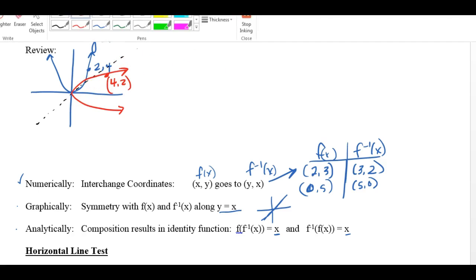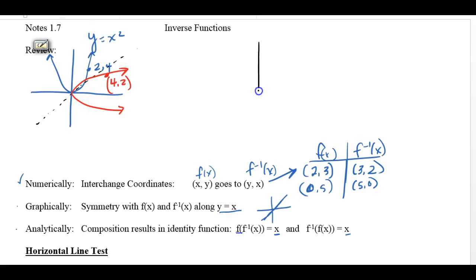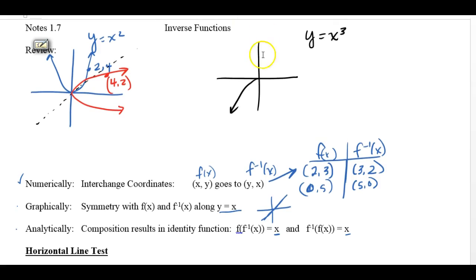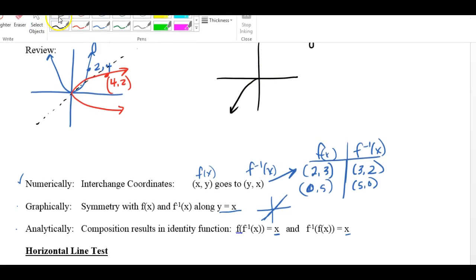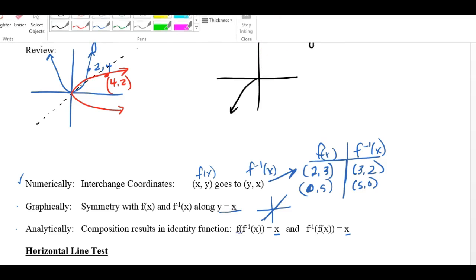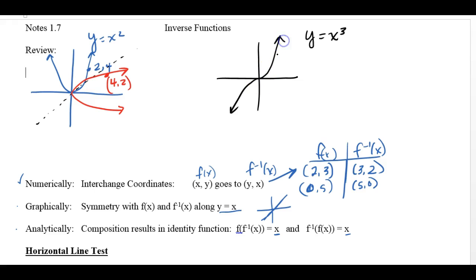Let's try another one. Let's say I have the good old cubic function, y equals x cubed. We know that does this thing. And let's say I have the point 2, 8 here, and the point -2, -8.